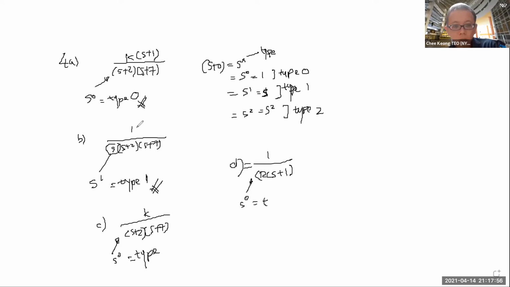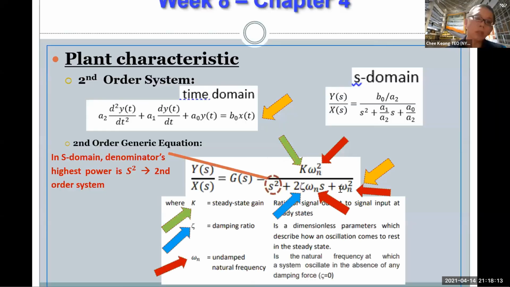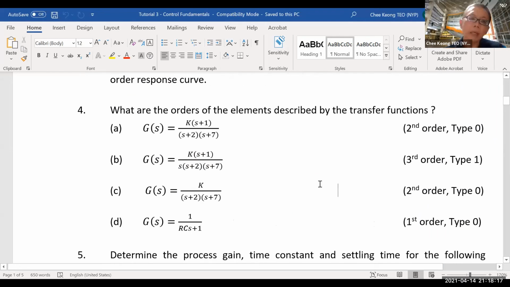So it's type 0. Type 0, 1, 0, 0. If we go back to the question again, you realize that it is type 0, 1, 0, 0. So it's the same as what I have mentioned, right? This is to teach you how to look at the system type and order.